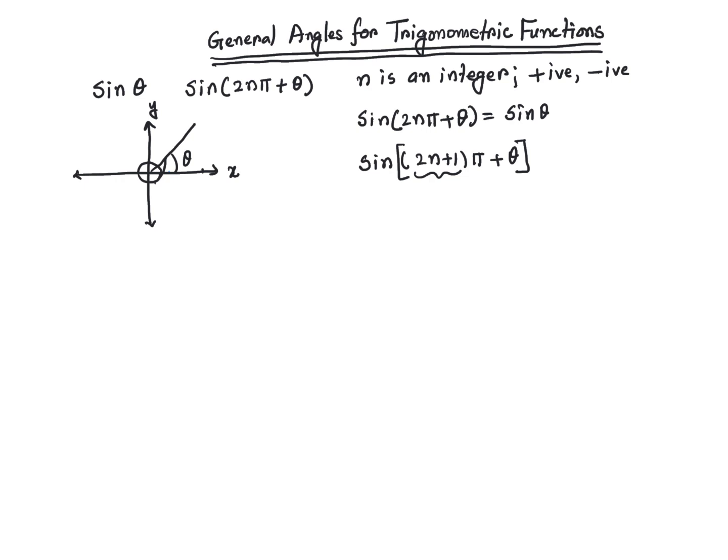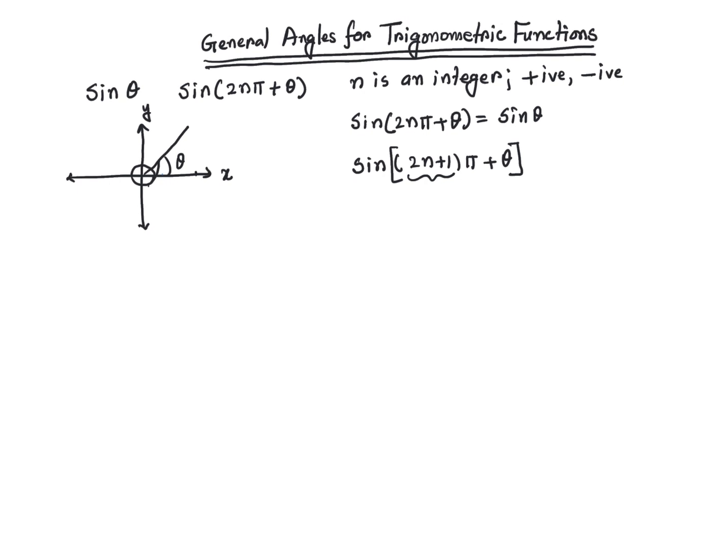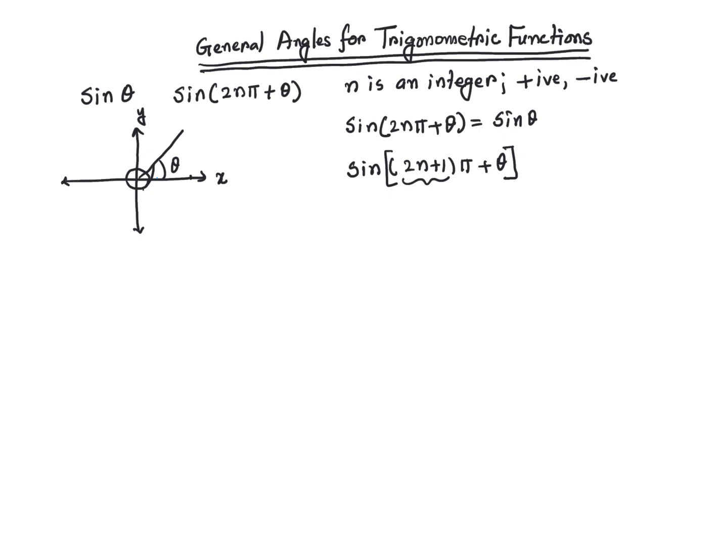In that case, you'll just go by odd multiples of pi. So you start here. Let's say if n is 0, then it's just pi, which is going to be right here. And then theta, you're going to move here. So you're in the third quadrant, and it's going to be negative. What if n is, let's say, 1? In that case, 2 times 1 plus 1 is equal to 3.